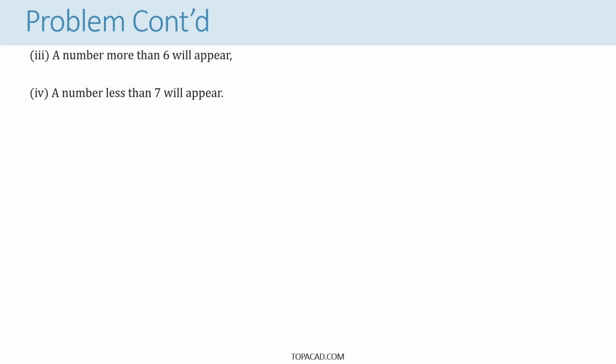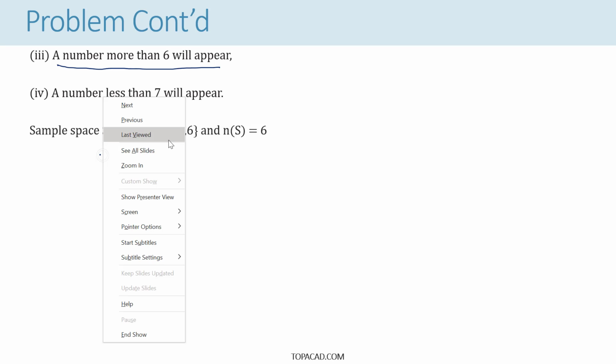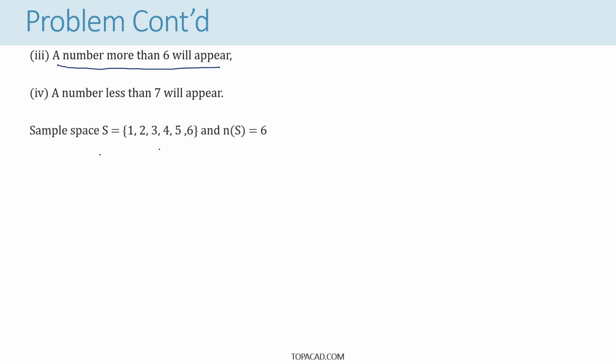Next, let's take a look at these two problems. We already know the sample space, and a number more than 6 will appear. When we roll a die, can a number more than 6 appear? No, right? If C is an event where a number more than 6 appears, it is an empty set, which means that the number of elements in this event is 0.